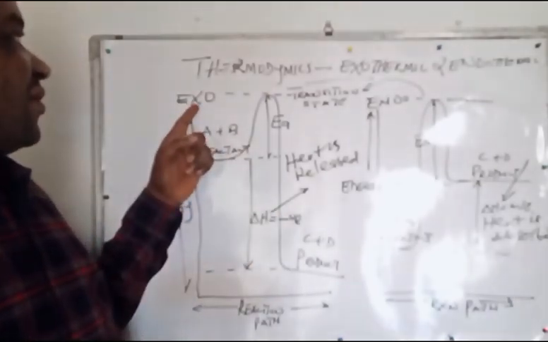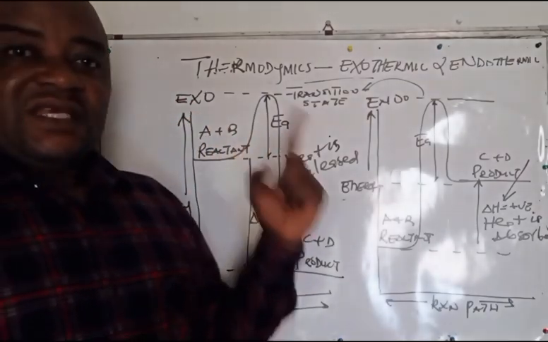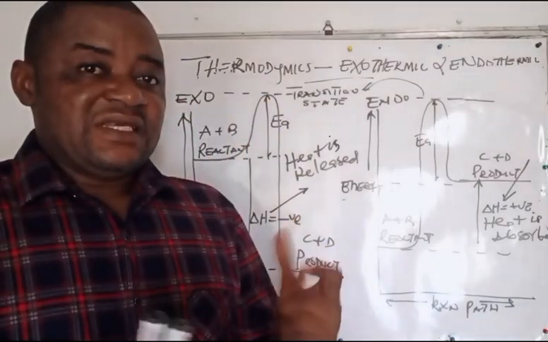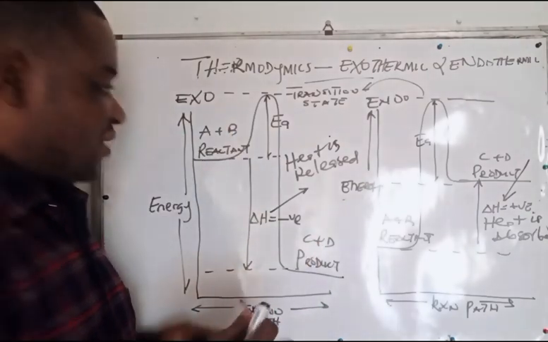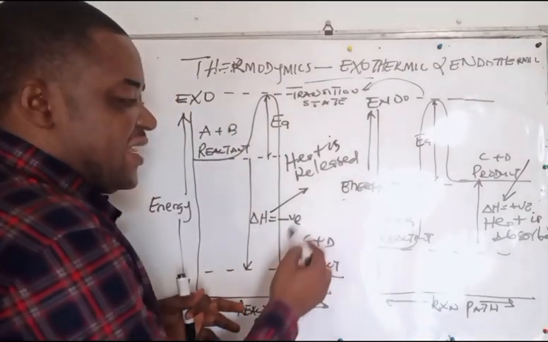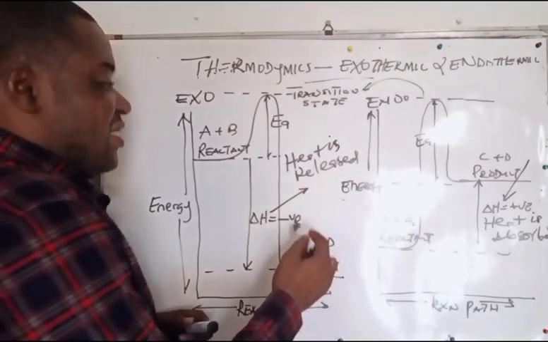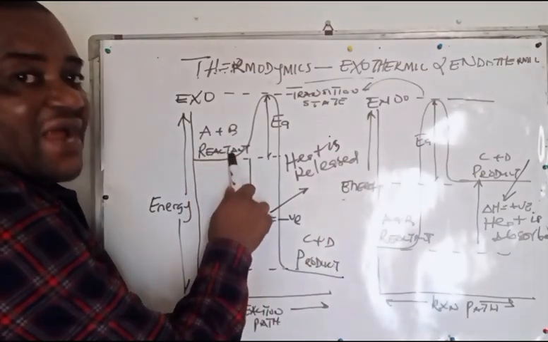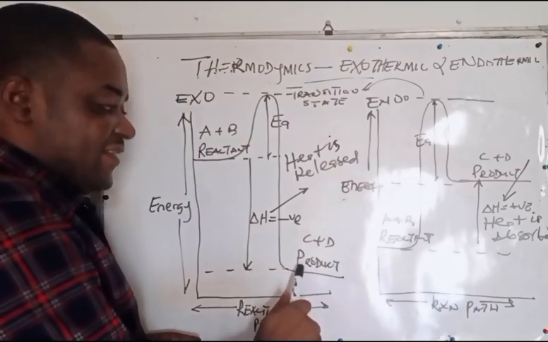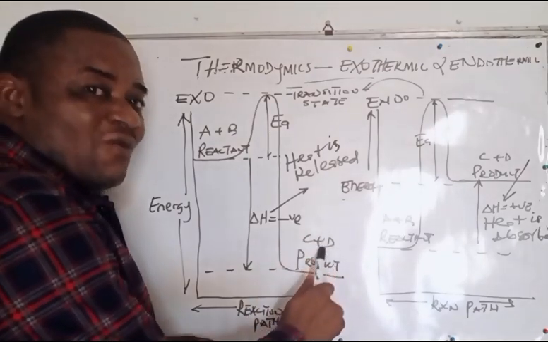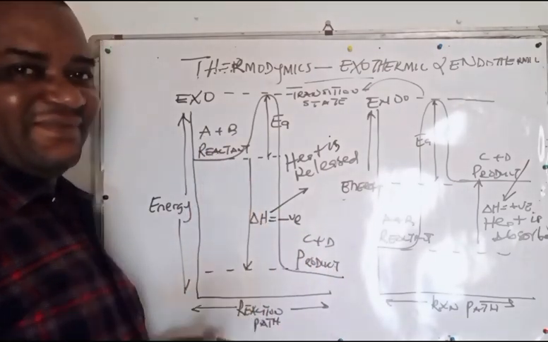So if it's an exothermic reaction where A plus B gives us C plus D, the bonds that are formed in the product are always stronger than the bonds that are broken at the reactant, being that the heat energy in the product is lower than that in the reactant.